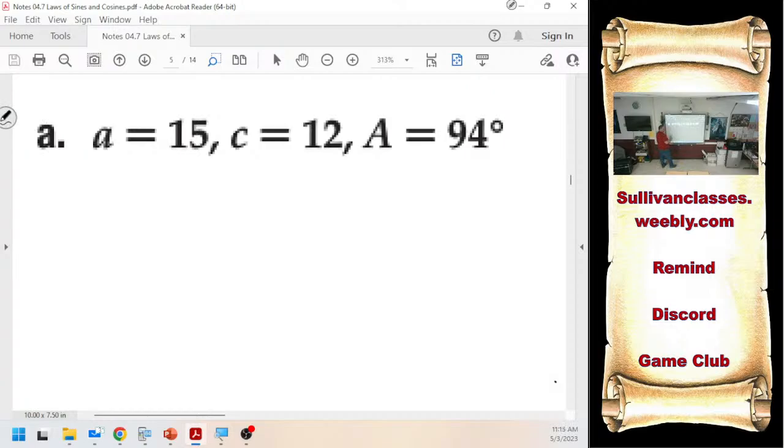So, I have a 94-degree angle, so I'll draw a 94-degree angle. You know, a little more than 90. And I'll put A there, 94 there. Okay. Where does little a go? Right here. Across from it. And you can put little c wherever you want.